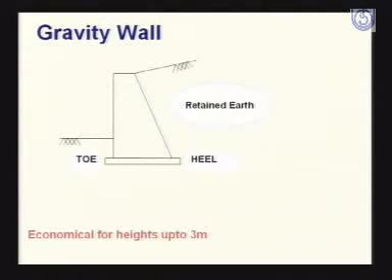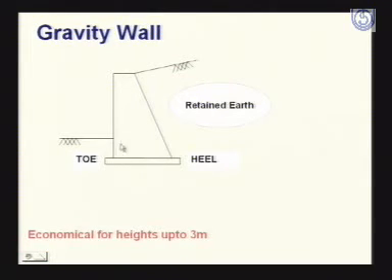In free-standing retaining walls, the first example is the gravity wall. As you can see from this graphic, in the case of gravity walls, the stability is provided by virtue of their own weight.